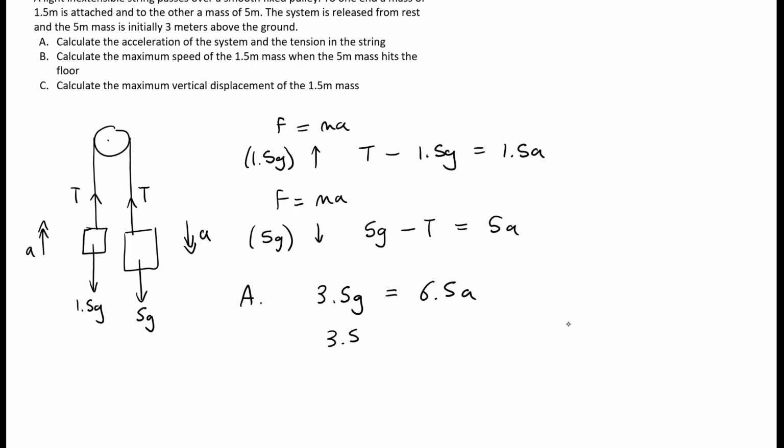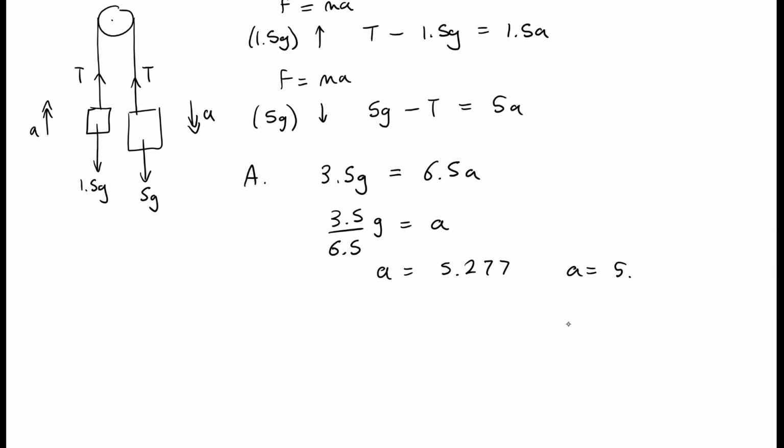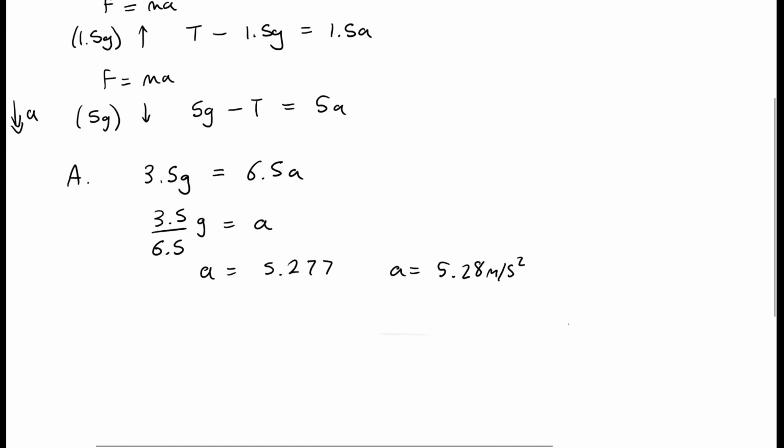Therefore 3.5 over 6.5 g is equal to a. That's 5.277, or more appropriately 5.28 meters per second squared.